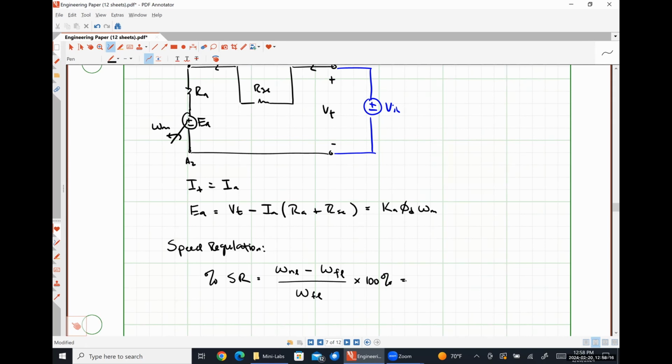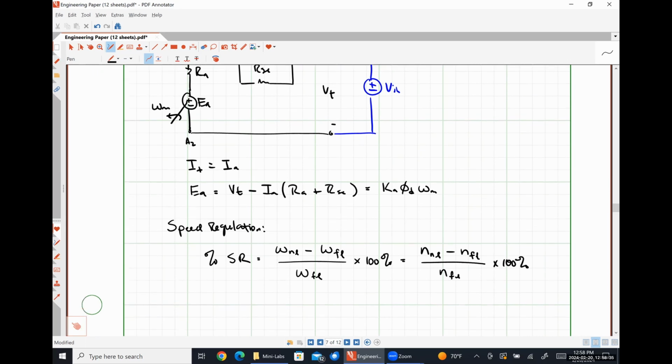We can express this as angular frequencies or in RPMs. So N no load minus N full load divided by N full load times 100%.